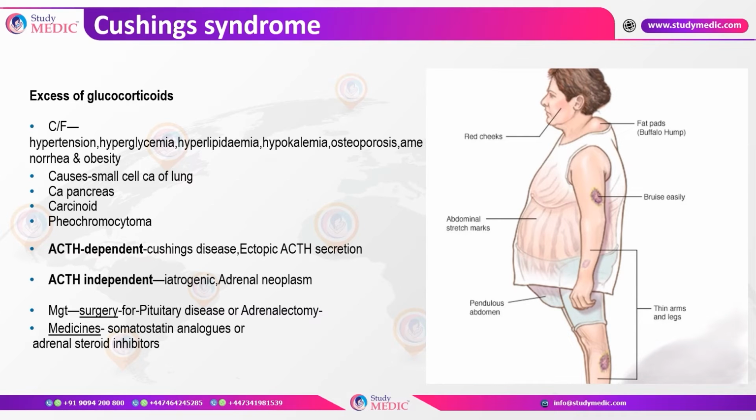Too much mineralocorticoids will cause retention of sodium and water, giving rise to hypervolemia, hypertension and hypernatremia. So in Cushing's, too much sodium is being retained by the body. To compensate for that, potassium is going to be excreted, and that leads to hypokalemia in Cushing's syndrome.